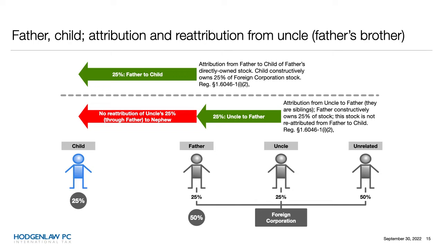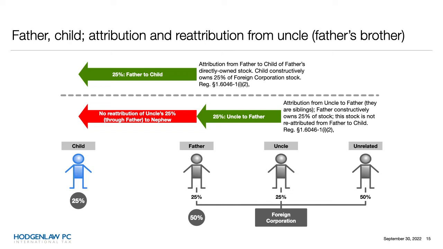So look at the top long green arrow. So we have dad's shares are attributed to child because of the attribution rules explicitly called out in section 6046. Parent-child, that's an attribution rule, so child constructively owns father's 25% directly owned stock.